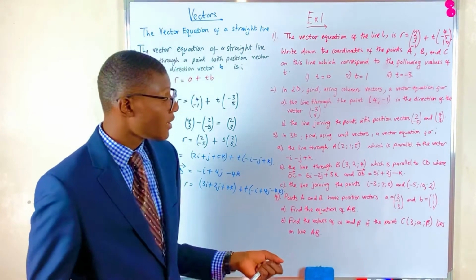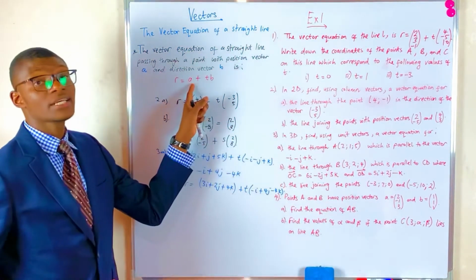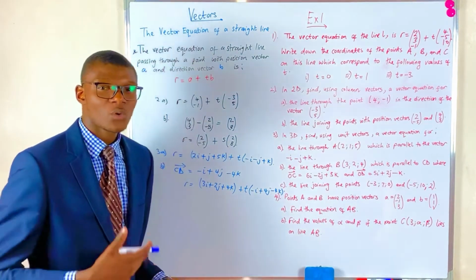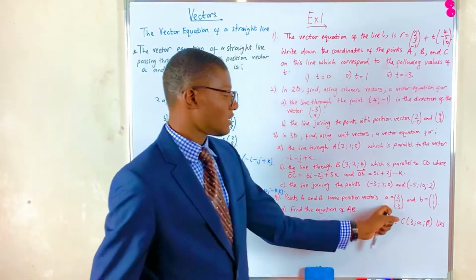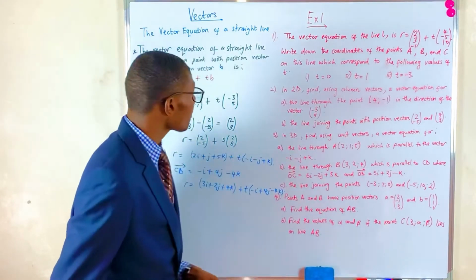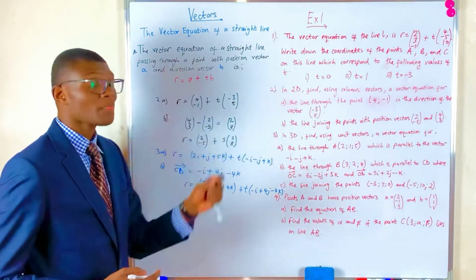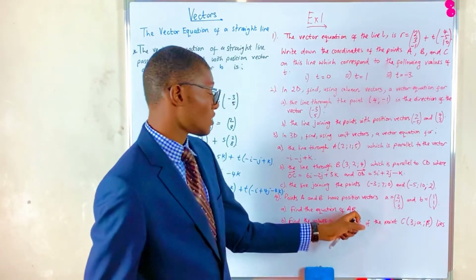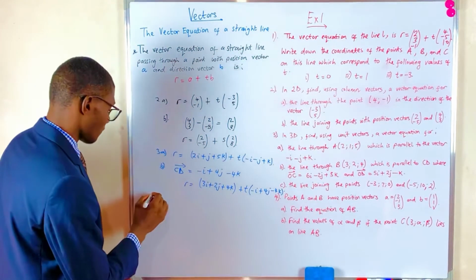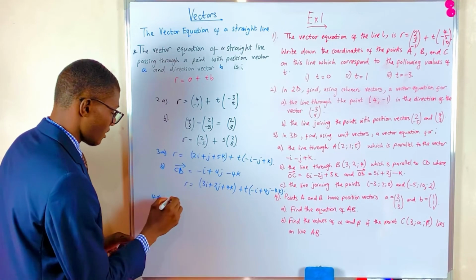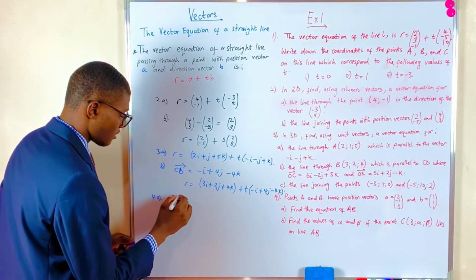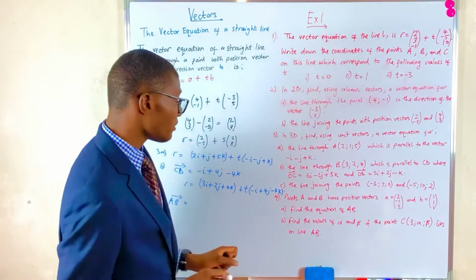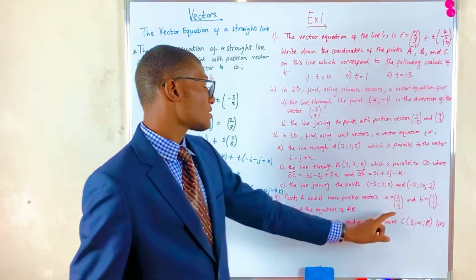So here we've got A already. We know that A will be the position vector of any point which lies on the line. So we've got these two position vectors, but what we need is the direction vector. So we shall calculate AB, which is our direction vector, given by OB minus OA.